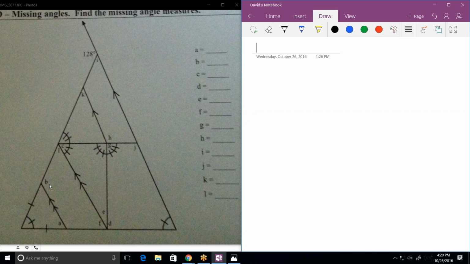Okay, if B is 122, and we've got parallel lines here, that means that this angle here that's made up of C and the angle above it, that's the same as B, right?